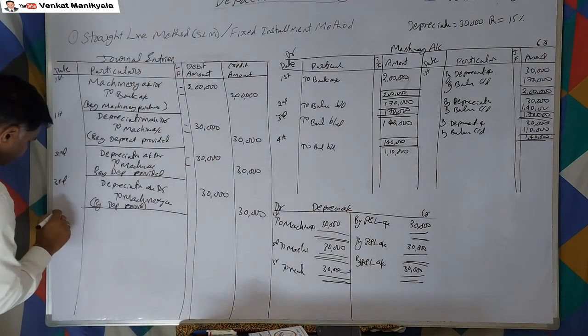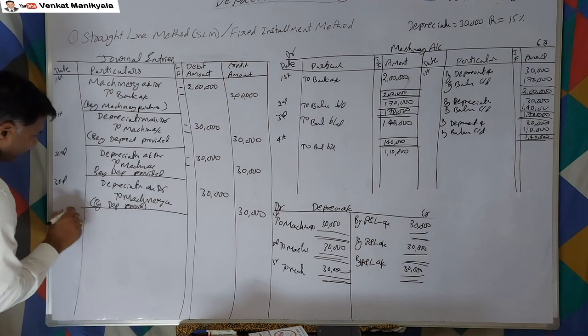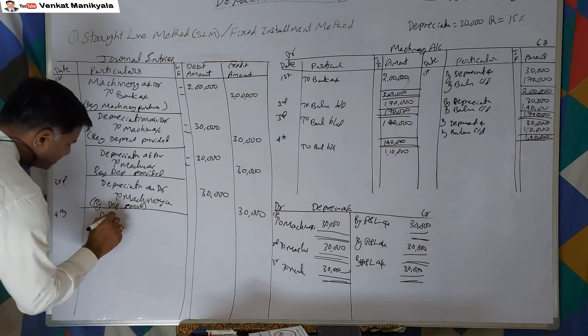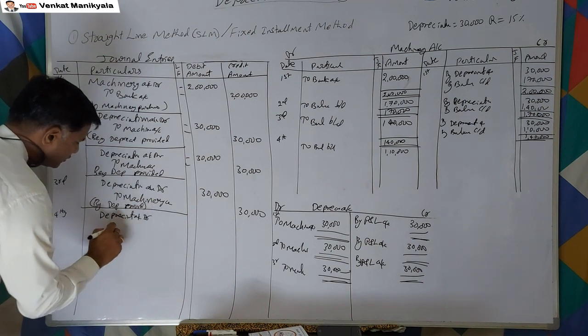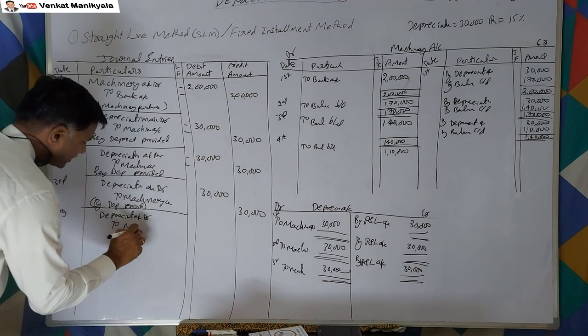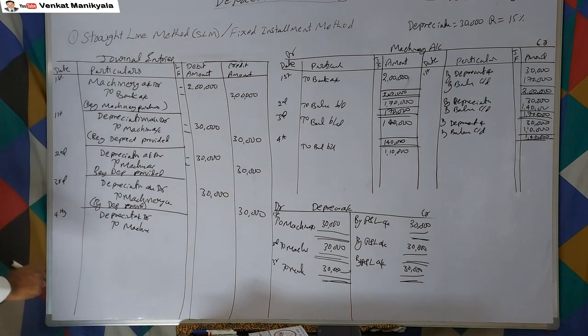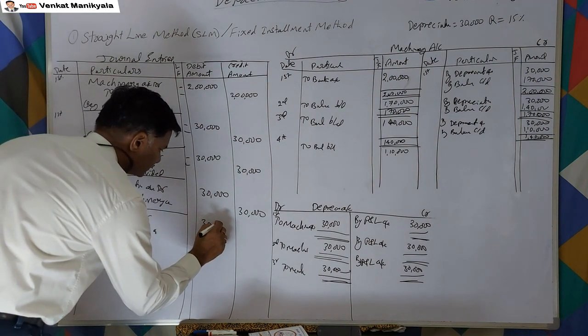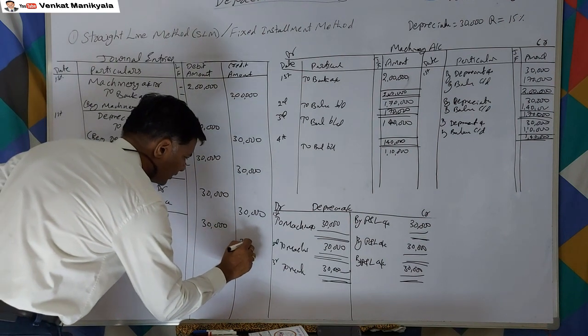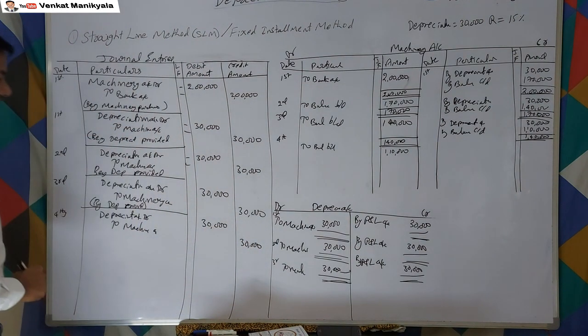So on the fourth year, depreciation account debtor to machinery account, right? Machinery account, how much? 30,000. Again this remains the same, right?